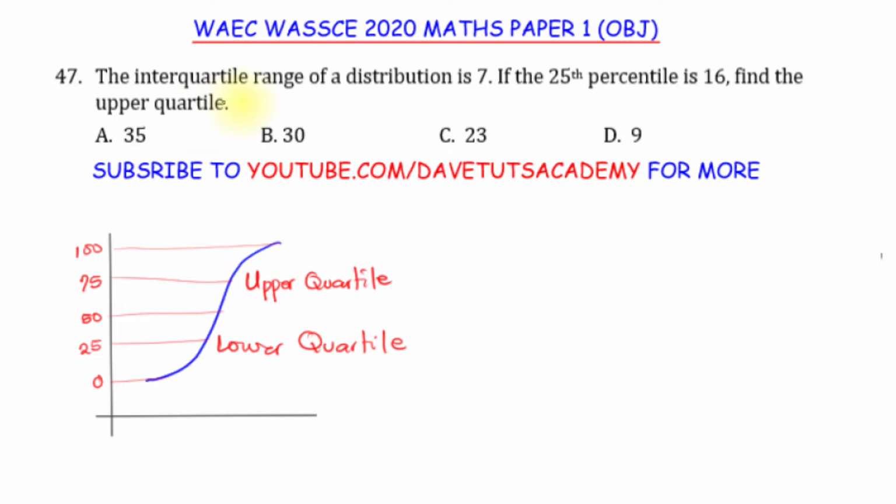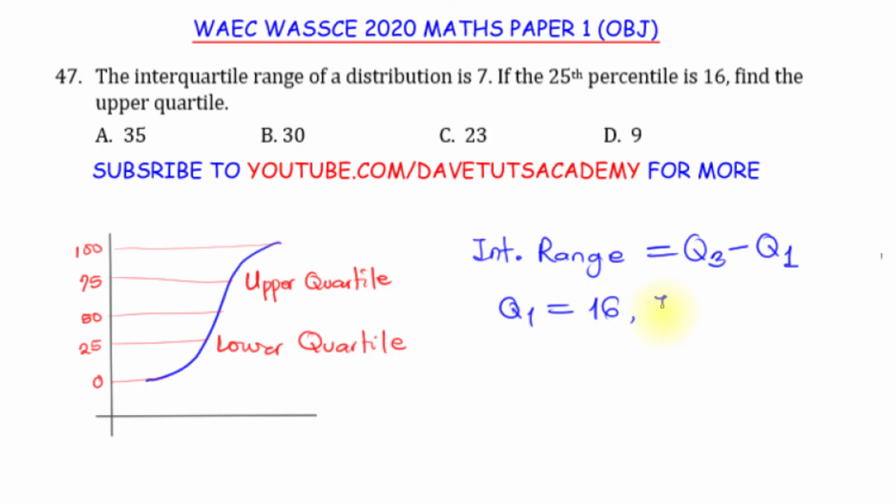Originally the interquartile range is given as a difference between the upper quartile, which is Q3, and the lower quartile, which is Q1. But now we have been told the lower quartile, that's the 25th percentile. So the Q1 we're given to be 16.